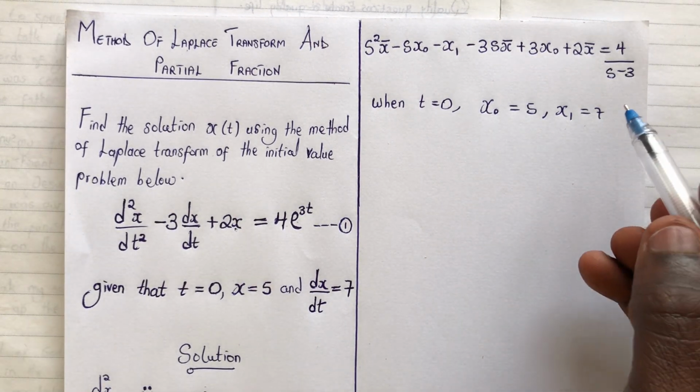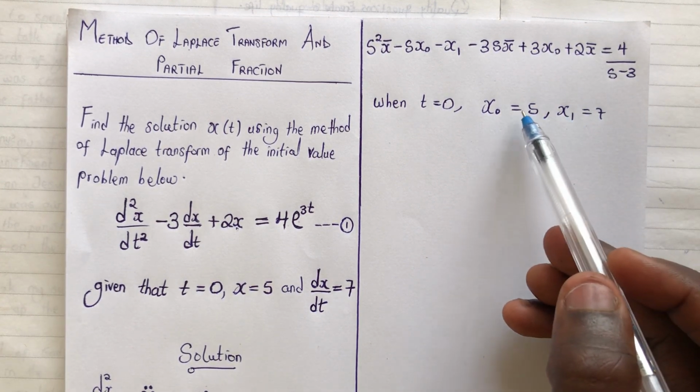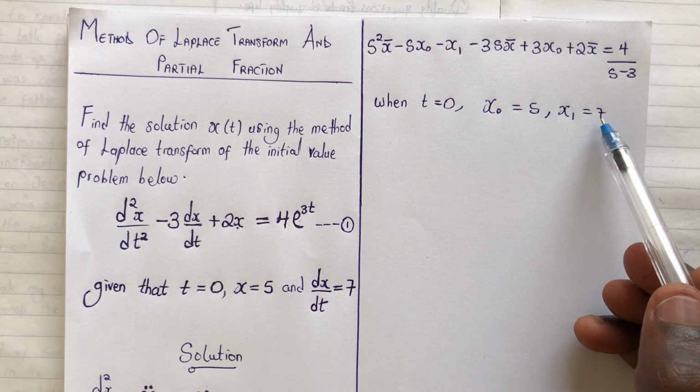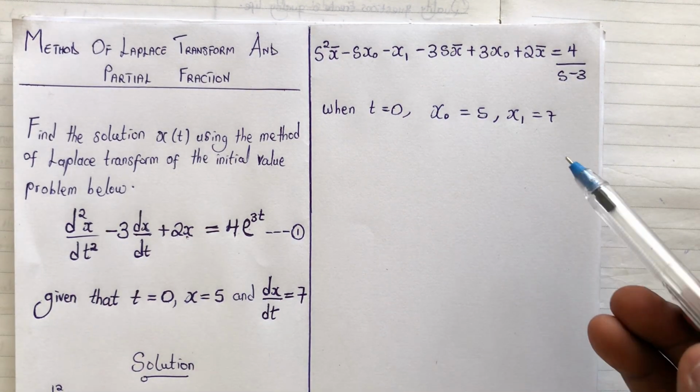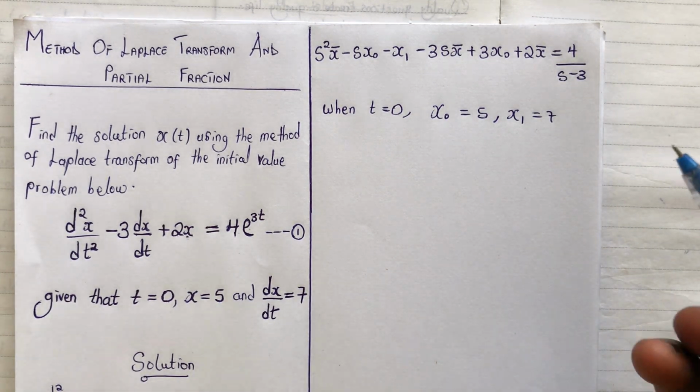Alright, so now we put in these initial conditions. Wherever we see x naught, we substitute 5. Wherever we see x1, we substitute 7. I was supposed to substitute that before we expand it, but it's nothing. Let's continue.